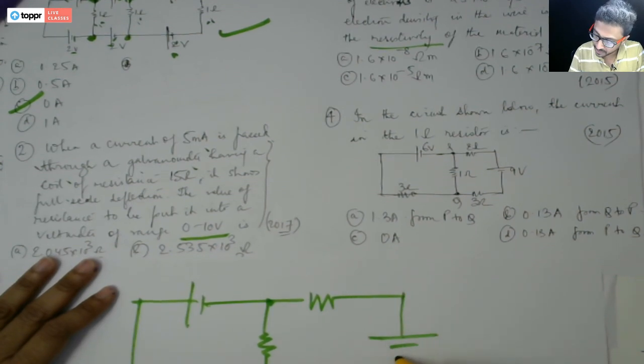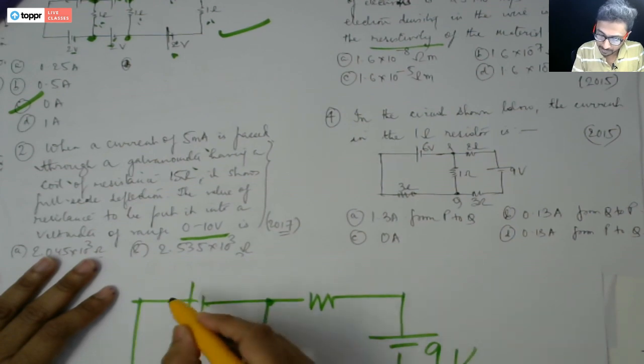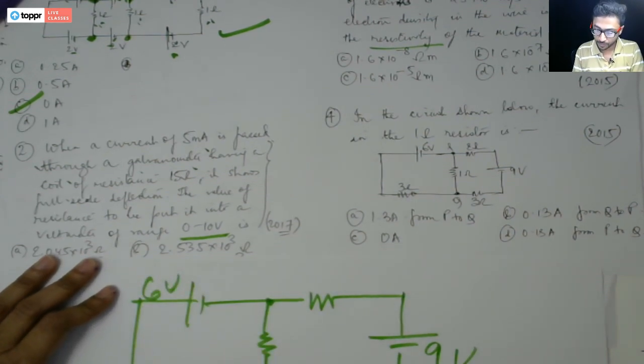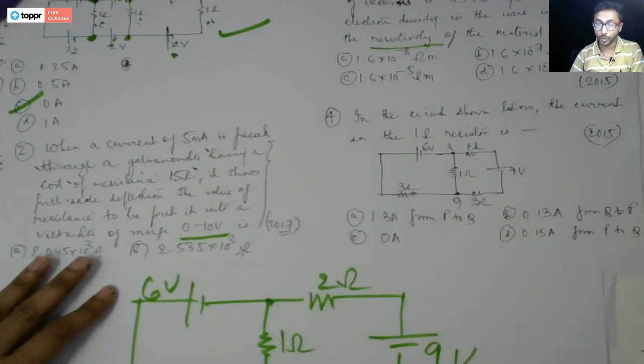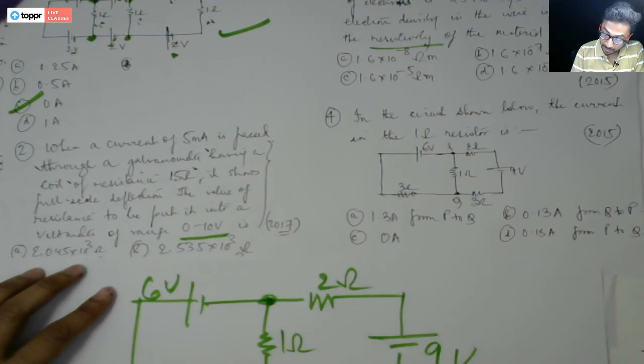I'll just write the equation. This is 6 volt. This is 3 ohm. This is 3 ohm. This is 1 ohm. This is 2 ohms.